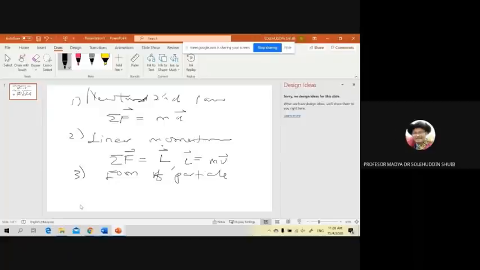For rectangular components, you have summation of force in x direction equal to m a x, summation of force in y direction equal to m a y, and summation of force in z direction equal to m a z.